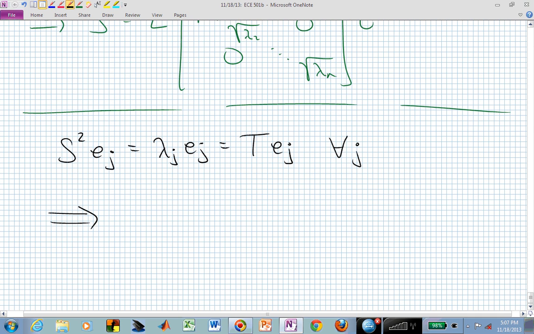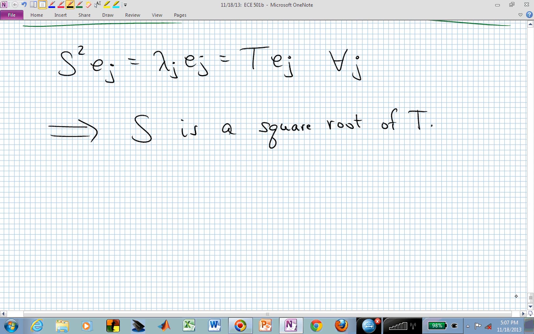So, what have we concluded? Now we know that S is a square root, and it's actually a positive square root that you can see from the construction that we used, but we'll just go ahead and say S is positive. That was hopefully clear from the construction.